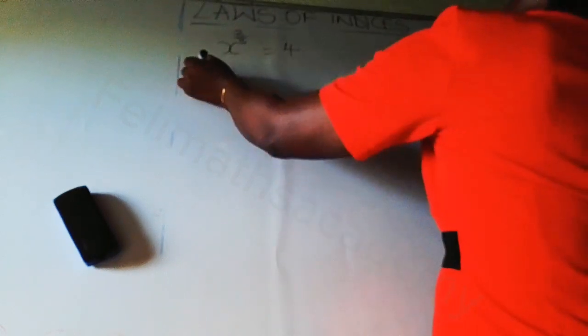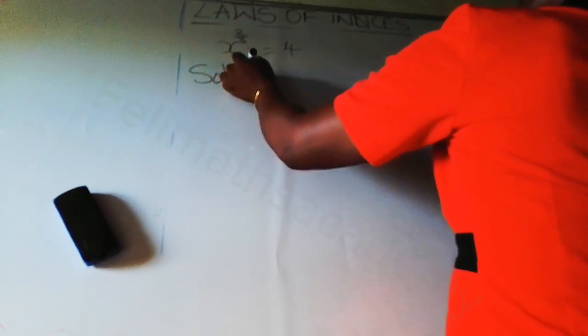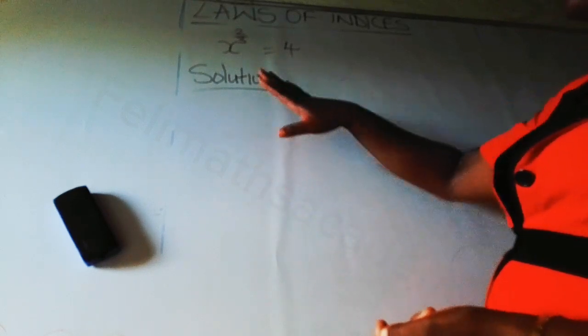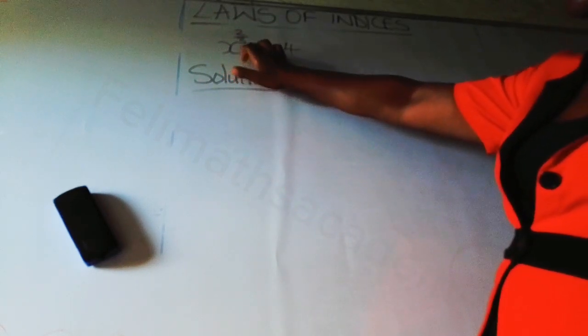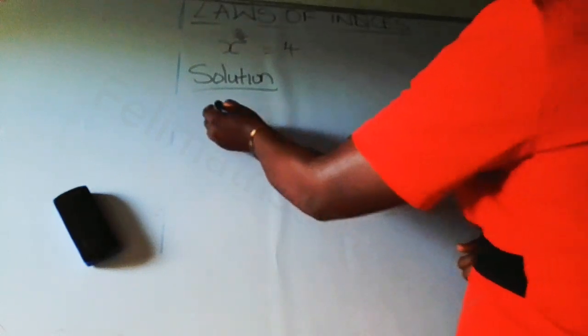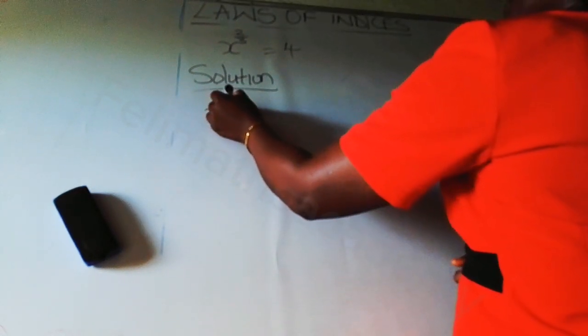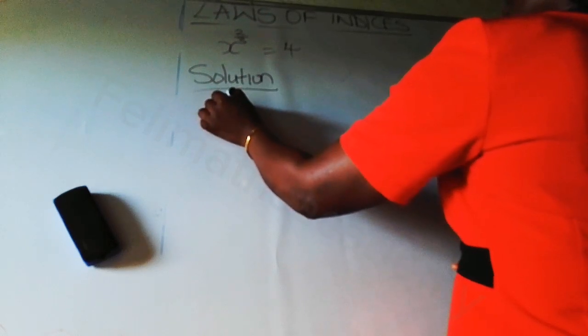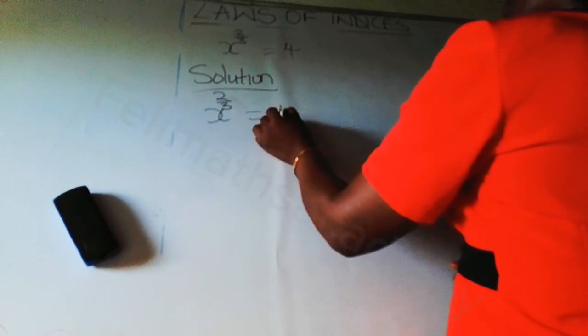Right. When solving for x, we want to remain with x alone on this side. X to the power 2/3 is equal to 4.